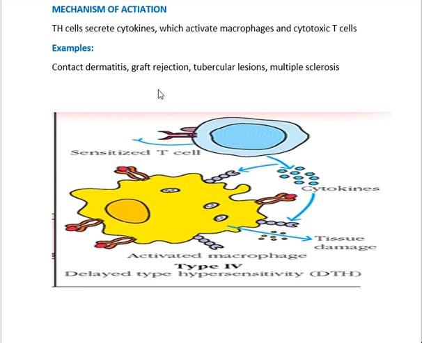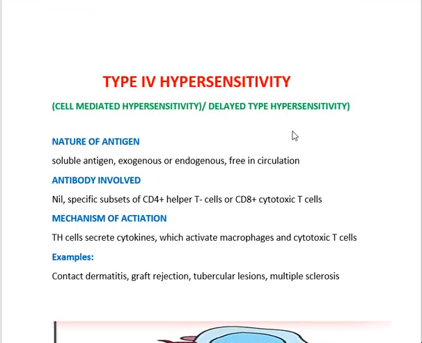The examples coming under type 4 hypersensitivity are mainly contact dermatitis, graft rejection, tubercular lesions, and multiple sclerosis. Since it takes much time to manifest the symptoms, we can consider this also as delayed type hypersensitivity. So this is all about the 4 types of hypersensitivity given according to the Coombs and Gell classification.